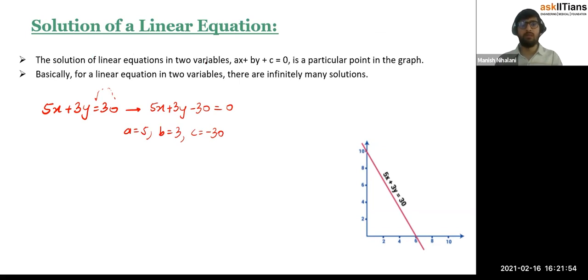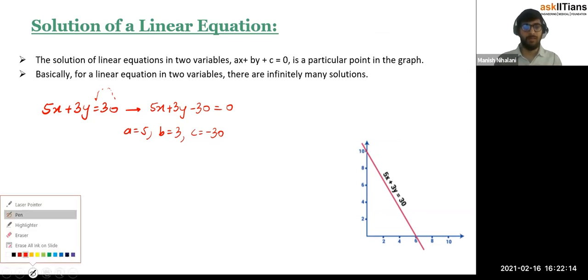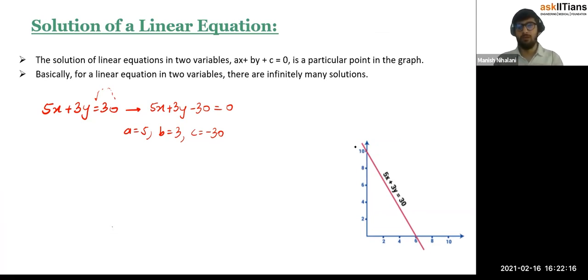Now the solution of a linear equation in two variables is a particular point on the graph. When you plot this equation graphically, you always get a line on the graph paper. For 5x plus 3y equal to 30, how did we get the line?